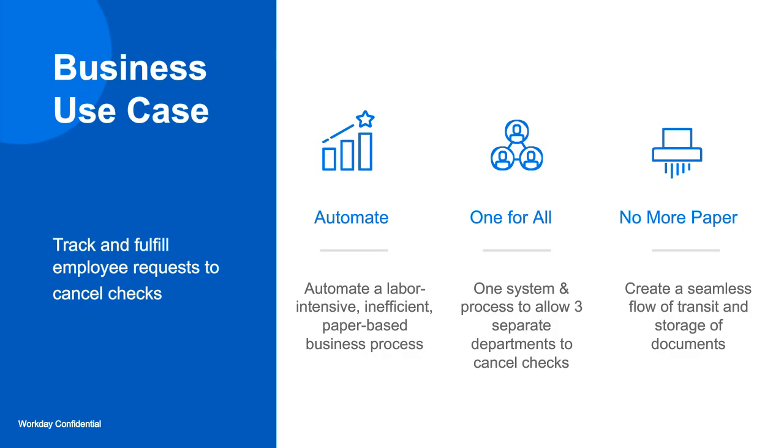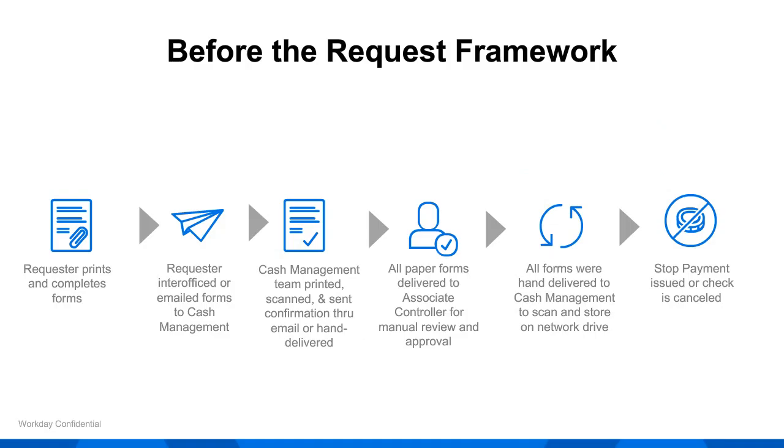So before the request framework, our process included the requester who would print and complete the form, and then the requester would interoffice or email the forms to cash management. Cash management, our department, would print, scan, and also process the cancellation of the check or the stop payment in an external system called CashPro by Bank of America.